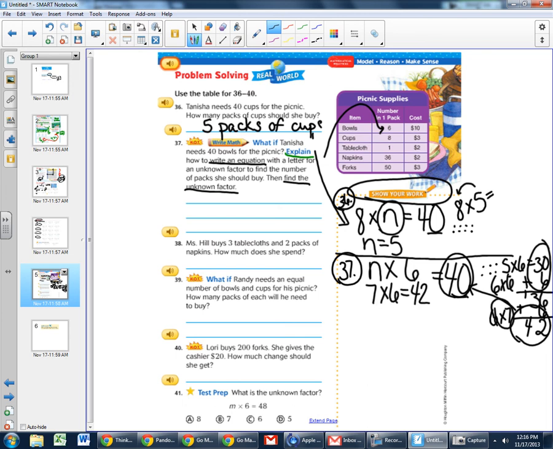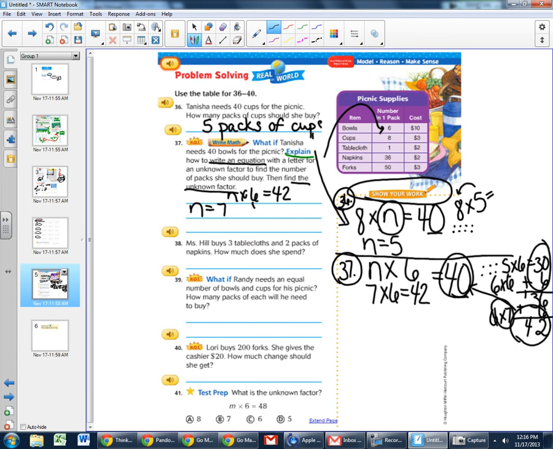So she needs to buy, you're going to say n equals 7. And our equation was n times 6 equals 40. If n equals 7, then she would be buying, this is 42, guys, sorry.